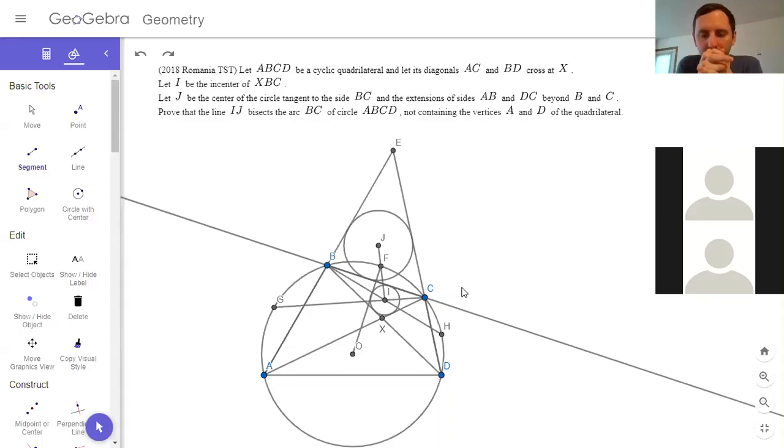Yeah, this one is tricky. So what if I draw AF and PF?